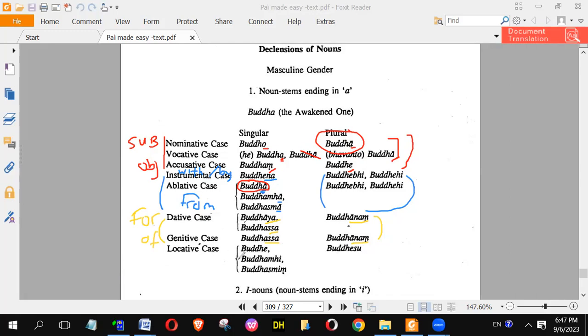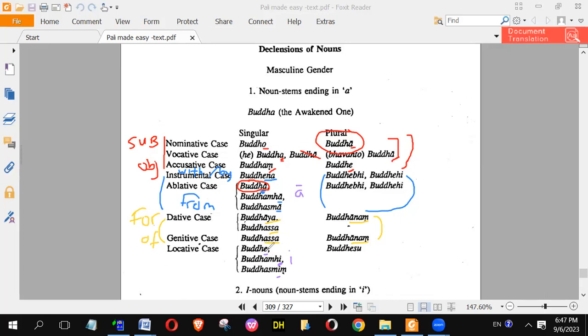Now the locative. You recite only the locative. The locative has the sense of in, and if you notice, it is with the i sound: Buddhe, Buddhamhi. The ablative is with the long A sound, and the dative and genitive with the ya or sa sound.